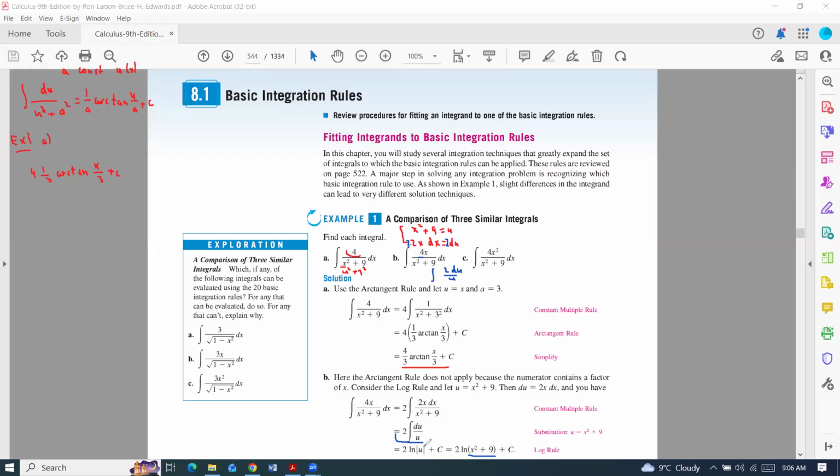Please notice they lose absolute value. Why? Well, because you could technically leave it here, but since x squared is positive, we deal with real numbers. So x squared is positive, and adding 9 increases it, so we don't need absolute value bars. It's good to realize, because sometimes you do need absolute value bars, and it's not hard to put them. So I would advise you to just keep absolute values just in case, but they show that it's not needed.